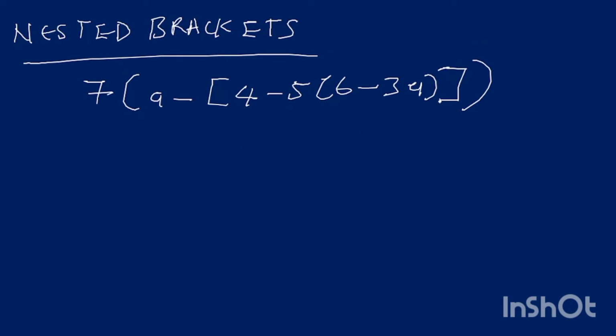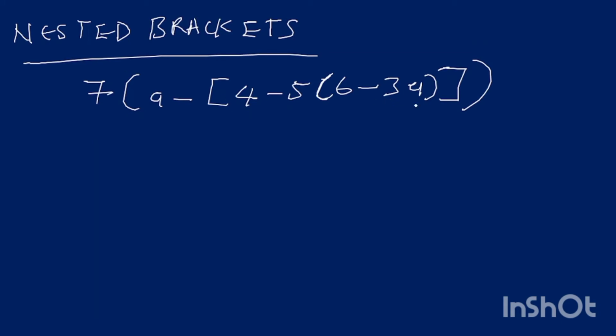So this is called a nested bracket. For me to expand this, I have to first deal with the innermost bracket, which is 6 minus 3a. After that, I deal with the next innermost bracket and then the outermost bracket.